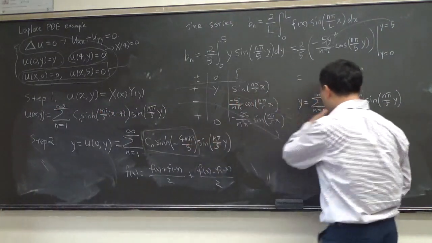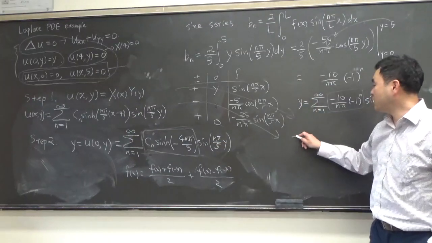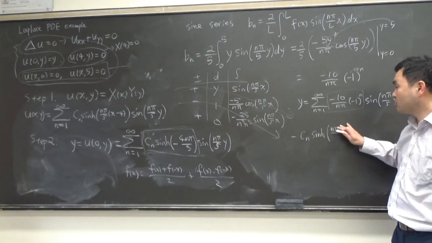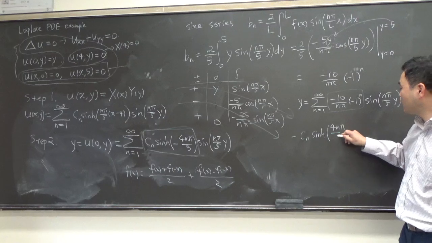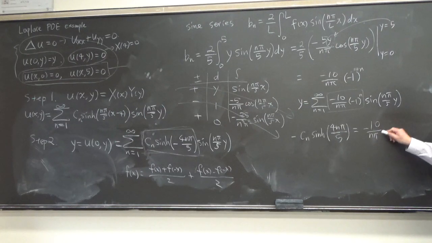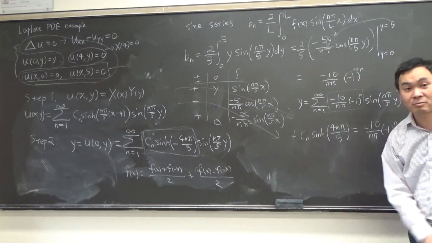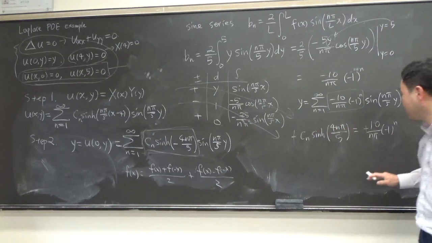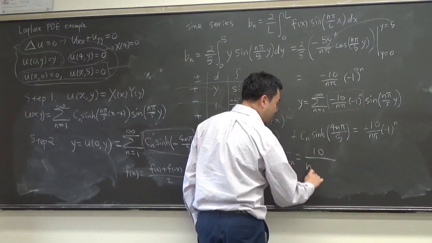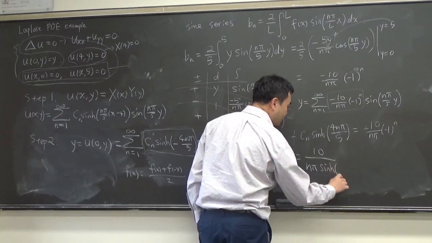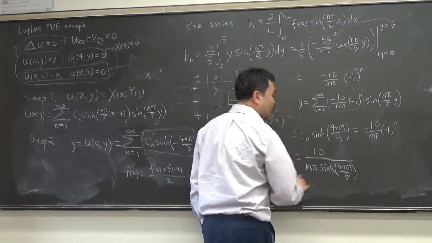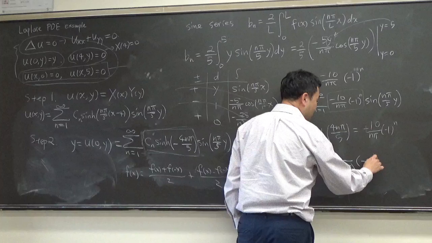So here's what we get. By comparing the two sides, this can be written as negative C_n sine hyperbolic of 4n pi over 5 equals negative 10 over n pi, negative 1 to the nth power, and then you can now cancel away the minus, bring this down, divide by that, and we get C_n as 10 over n pi times sine hyperbolic of 4n pi over 5 times negative 1 to the nth power.